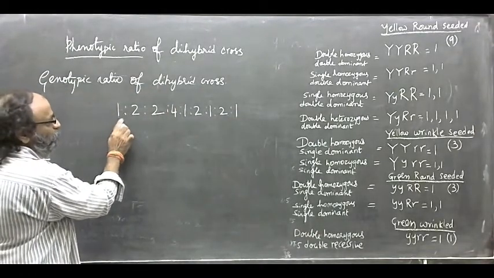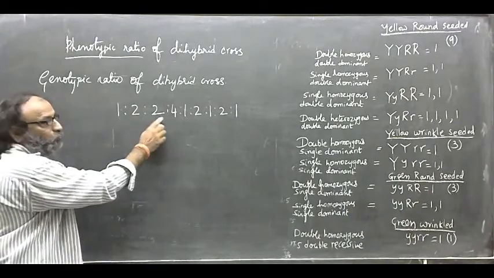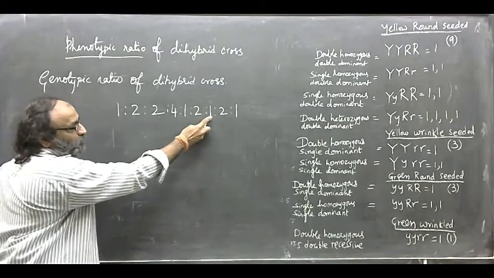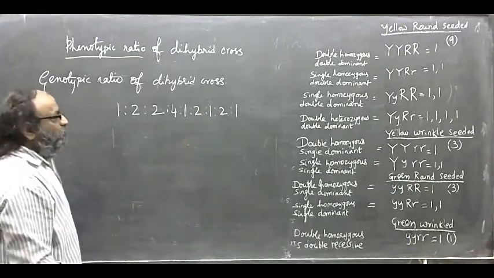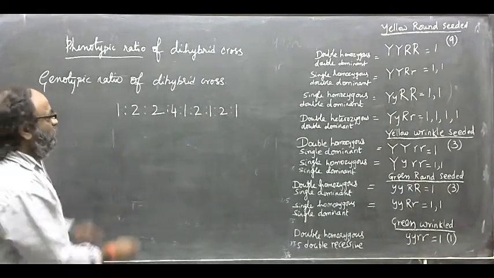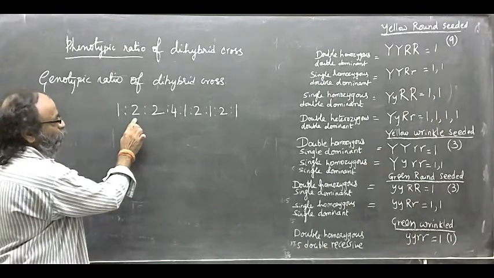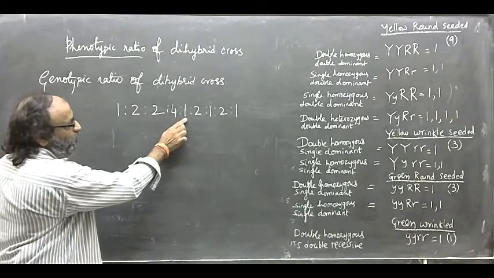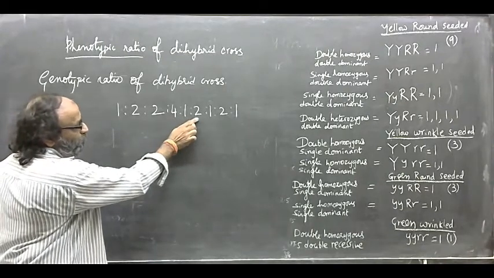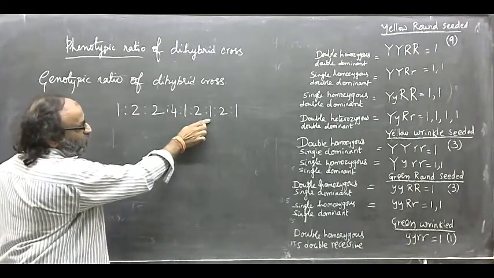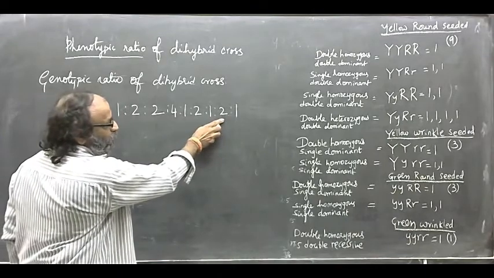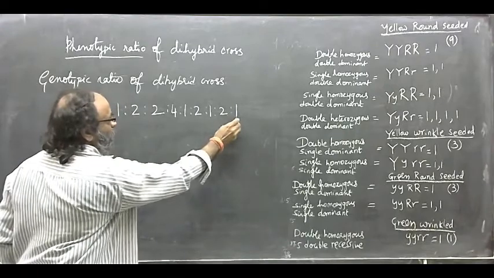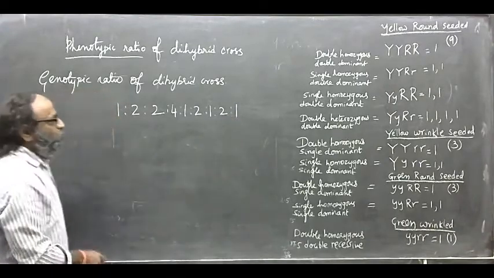It is 1:2:2:4:1:2:1:2:1. The total should be 16. 1 plus 2, 3, plus 2, 5, plus 4, 9, plus 1, 10, plus 2, 12, plus 1, 13, plus 2, 15, plus 1, 16. So the total number should be 16 plants in F2 generation.